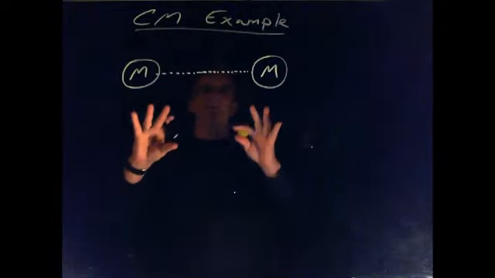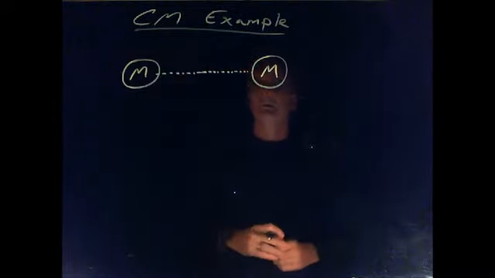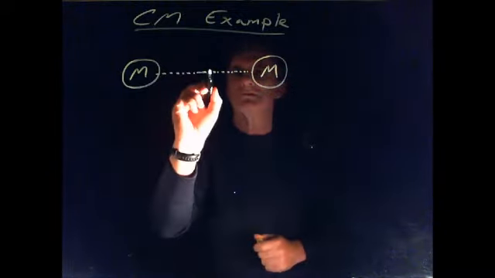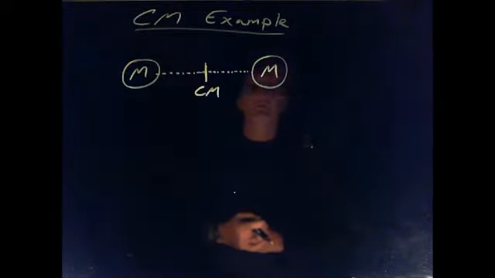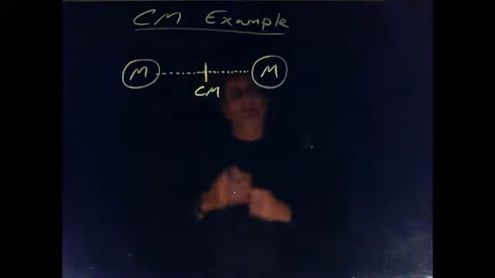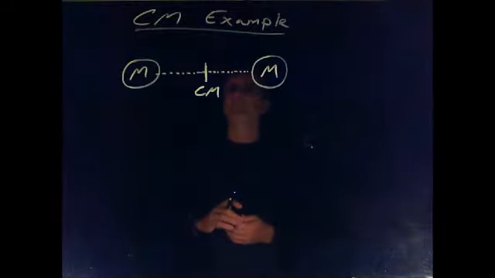If these two stars have the same mass, then the center of mass of this system, this is our system, is located right between them. It's almost like the balance point. You can consider center of mass a little bit like that, the balance point.